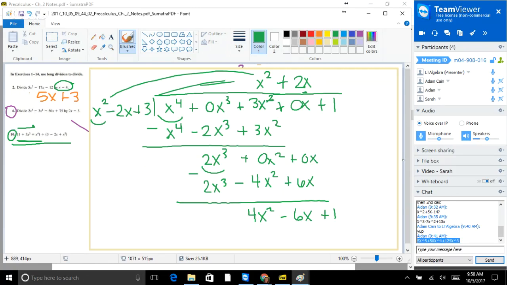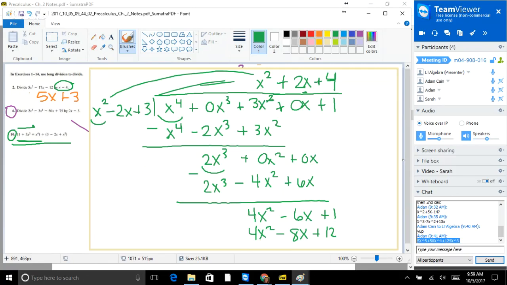All right. So how do I get a 4x squared term? I add 4 here. So 4 times x squared is 4x squared. 4 times negative 2x is negative 8x, and 4 times 3 is 12.